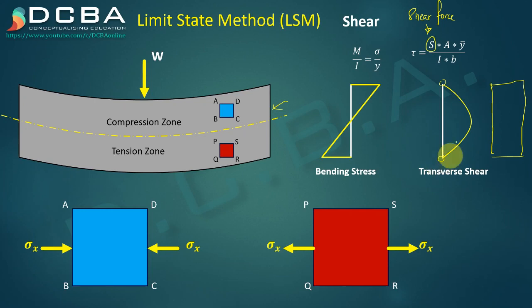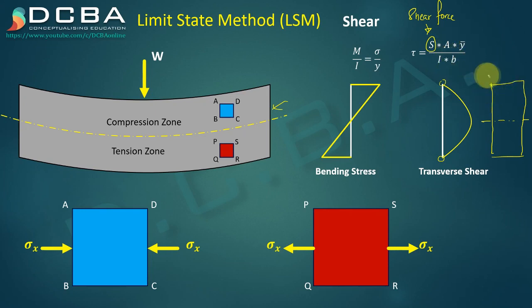The transverse shear is maximum at the center where the neutral axis lies. So it is maximum at this point, and it is given as tau equals S, the shear force coming onto that section, into area into y bar upon I b.